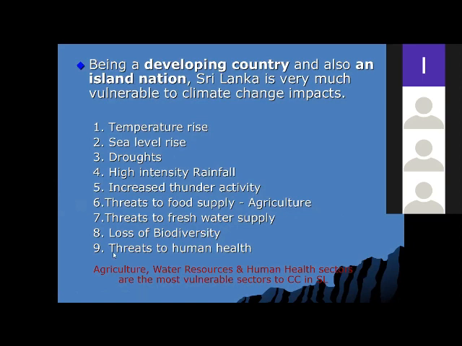And loss of biodiversity, human health, all those are problems if the climate change occurs. Agriculture, water resources, and human health are the most vulnerable sectors due to climate change in Sri Lanka. So we need to have a focus on these areas, either to adapt to the situation if we cannot mitigate the climate change.